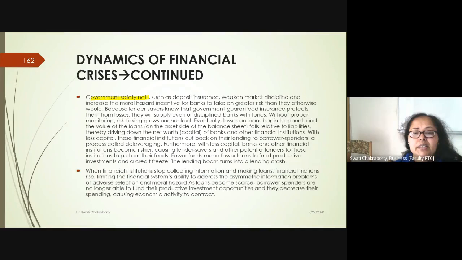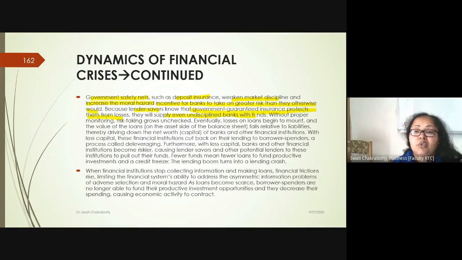And government safety nets, such as deposit insurance, weaken market discipline and increase the moral hazard incentive for banks to take greater risk than they otherwise would, because the government is protecting them. Lender savers know that government-guaranteed insurance would protect them from losses, so they will supply even undisciplined banks with funds.